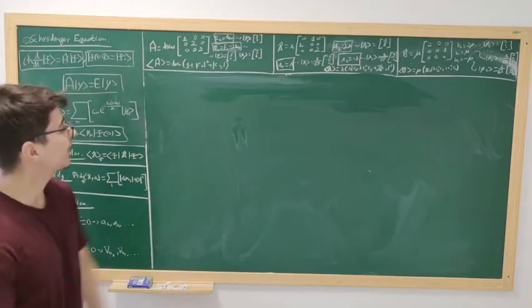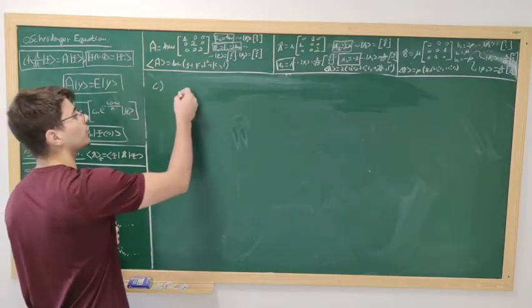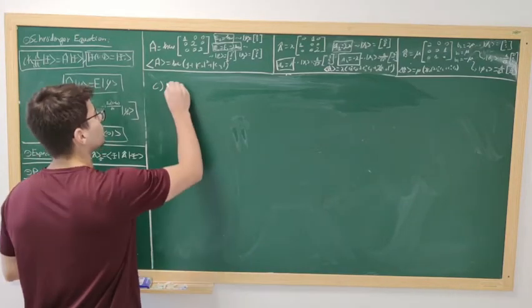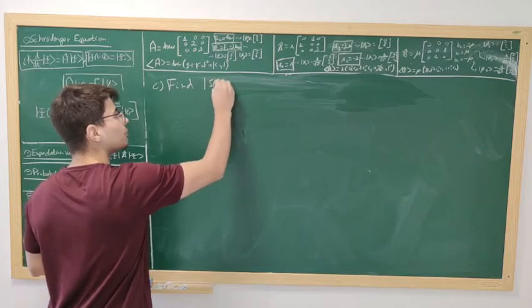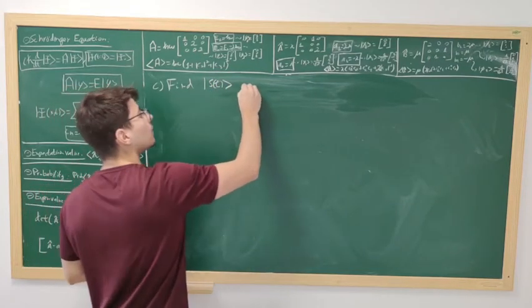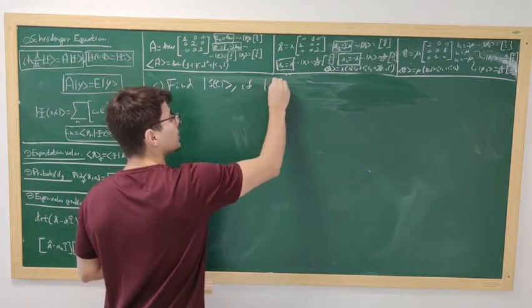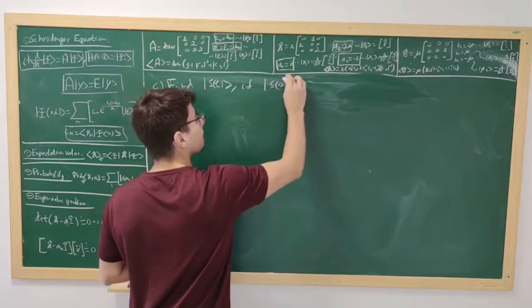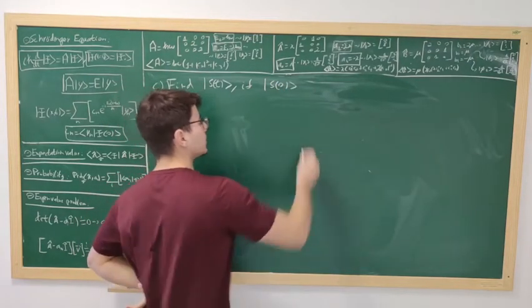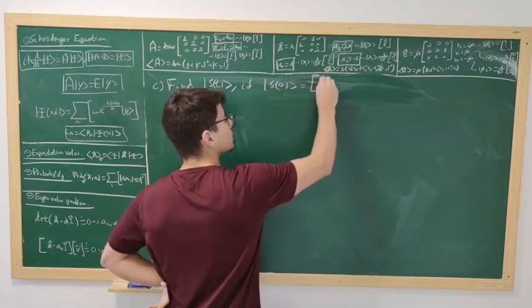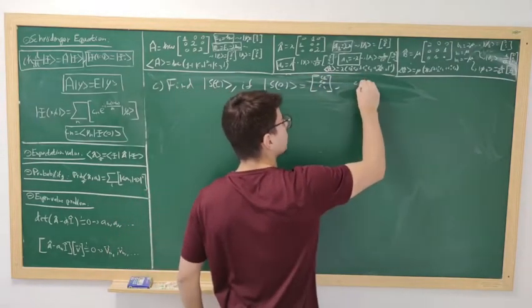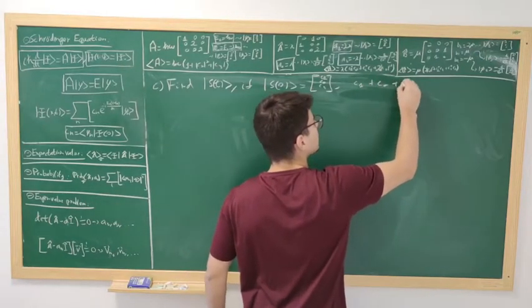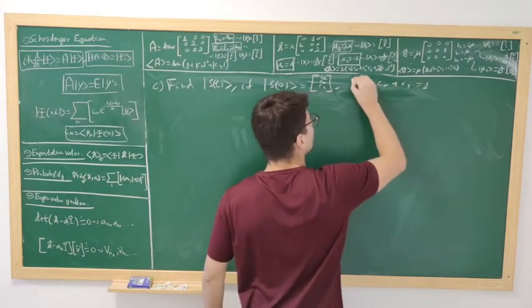And well, the last part of our exercise is to find the time evolution of our initial state. So we want to find the time evolution when our initial state was, what was it? It was just C1, C2, and C3, and we had that C1 squared plus C2 squared plus C3 squared equals 1.